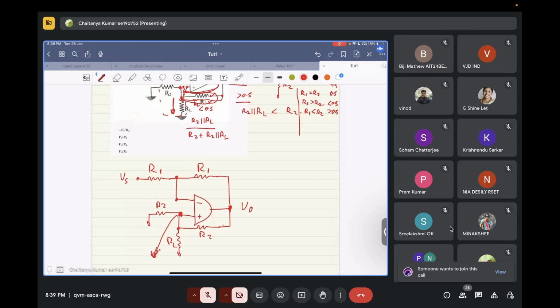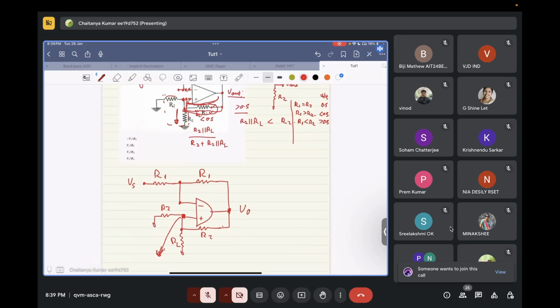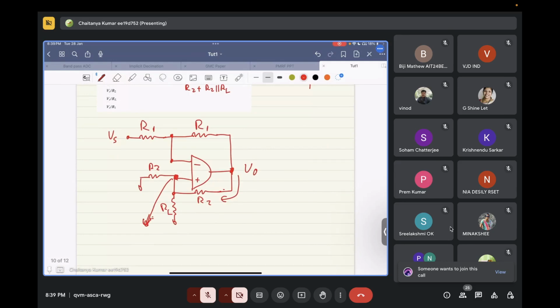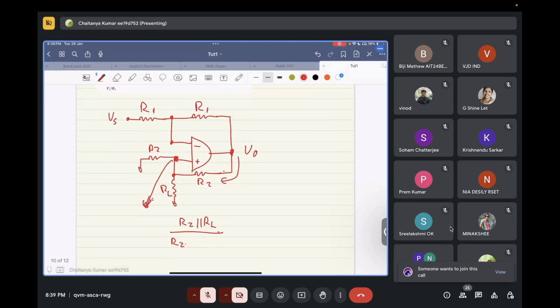What will its value be? From this resistor divider side, we will have R2 parallel RL upon R2 plus R2 parallel RL times Vout.